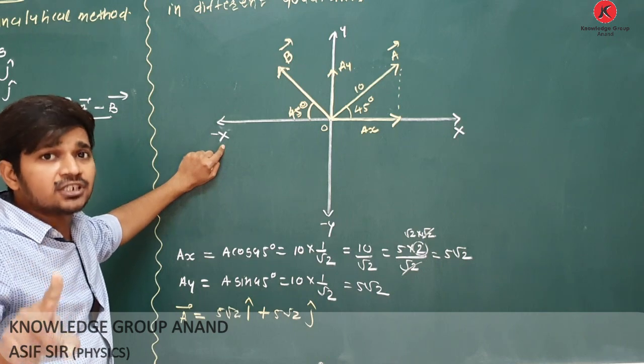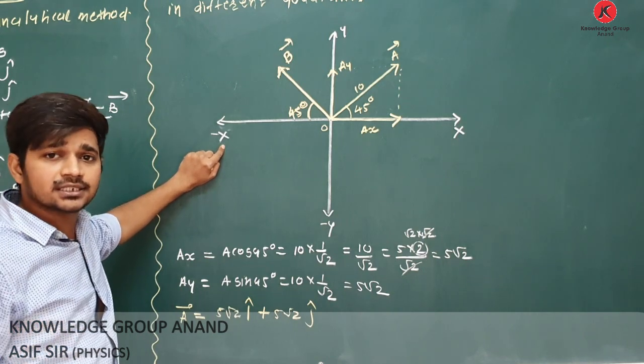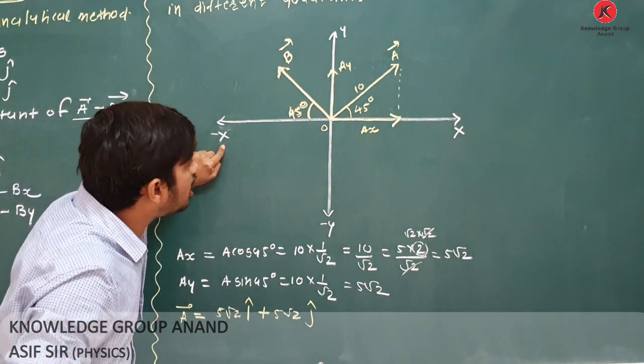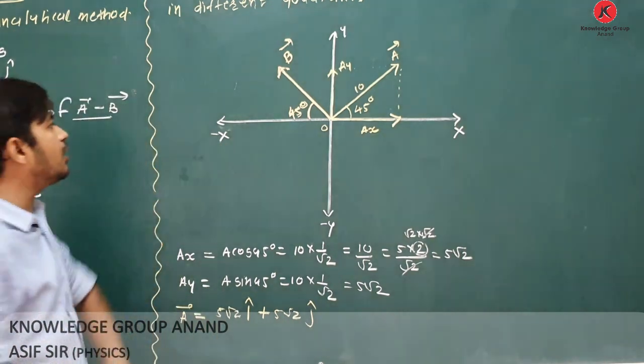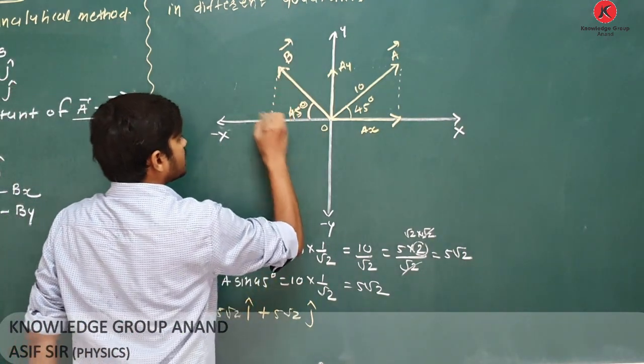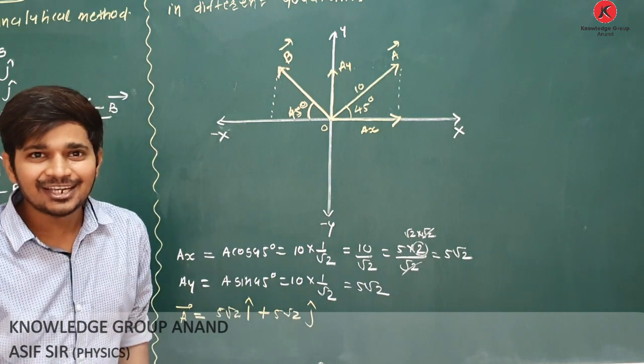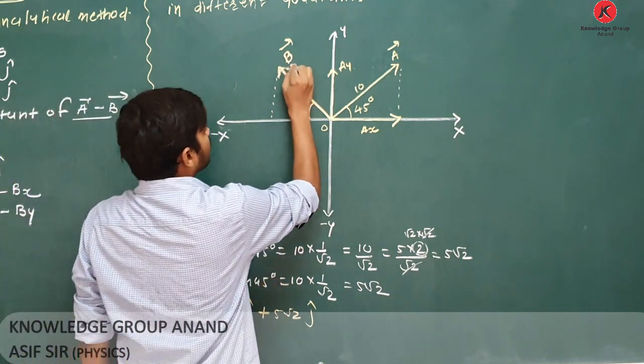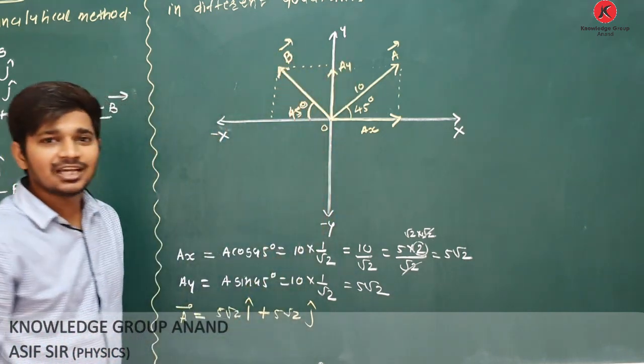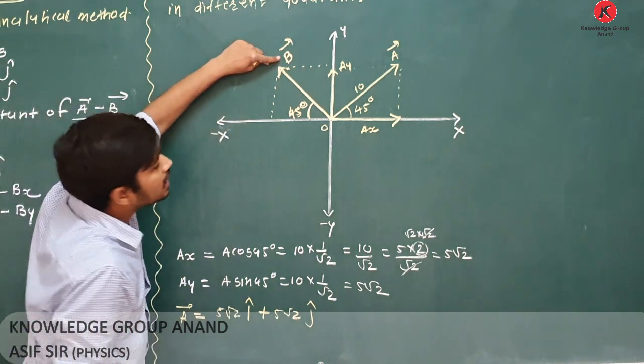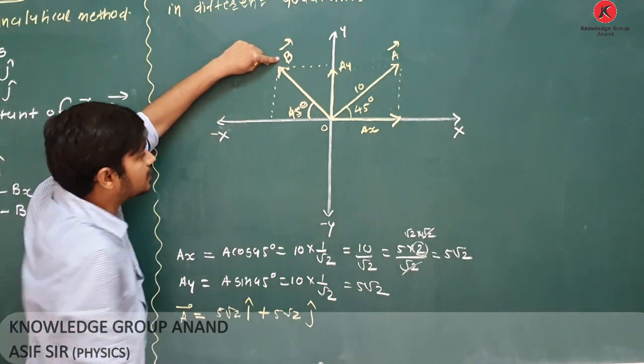Draw perpendiculars from head and tail on the x and y axes. Okay, if you draw a perpendicular from the head on the x-axis, here it is. And if you draw a perpendicular on the y-axis, here it is. Then what is the x component of vector B?